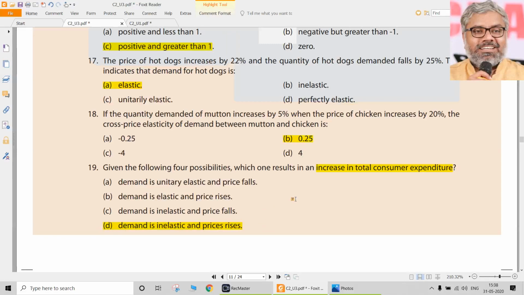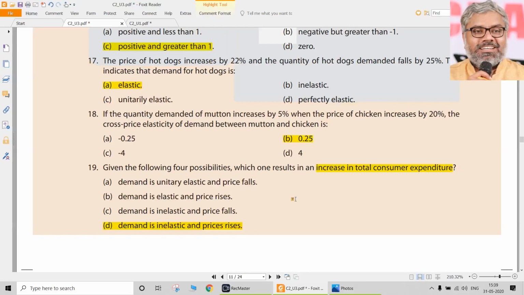But we should know why it is the correct option. In the examination we may not, but at least for the learning process, we should know why D is correct. Look at the situation. Demand is inelastic. Immediately our brain should tell us: does demand inelastic mean consumer expenditure and price are inversely related or directly related?